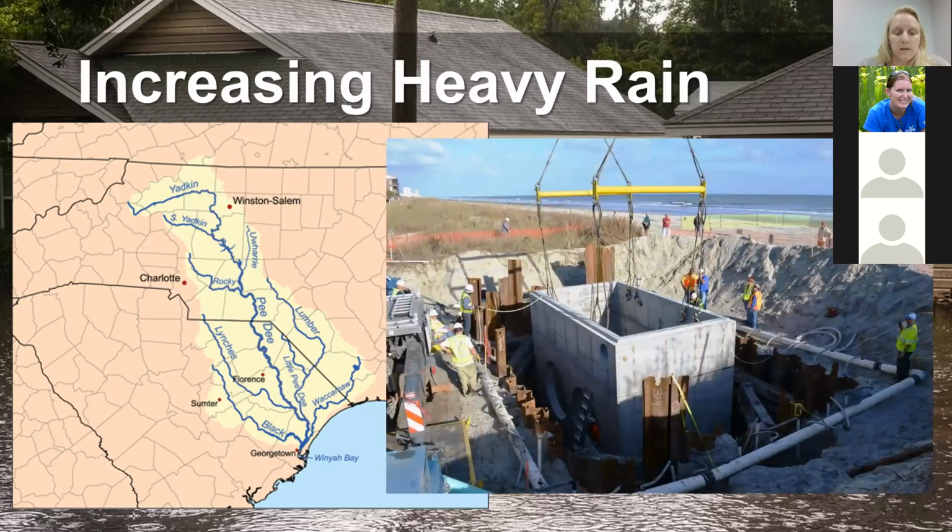So then we also need to consider if our stormwater pipes and infrastructure are sized to handle these increased rainfall events. What is going to be the cost to upgrade these systems to store more water? Or maybe we want to add a backflow preventer to keep the tide from coming up inside the storm drain. This picture that I'm showing here is a 2013 picture in North Myrtle Beach.